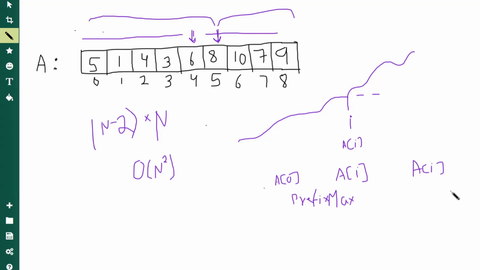So for a valid perfect peak, this element, which is the smallest element in this range, must be equal to ai, because then only we can make sure that from the range I plus 1 up to n minus 1, there is no element which is less than ai. So let's call this suffix min.